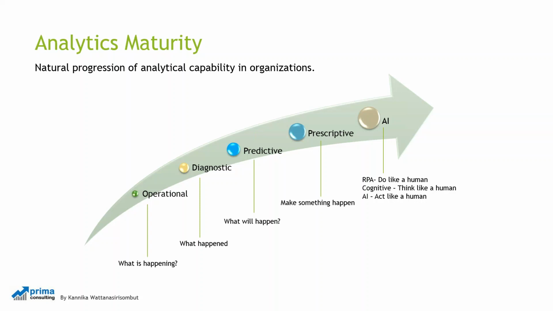So what happened? And after you have those questions, what can we do about it? Well, the next capability is called predictive analysis. This will help businesses anticipate what is likely to happen.